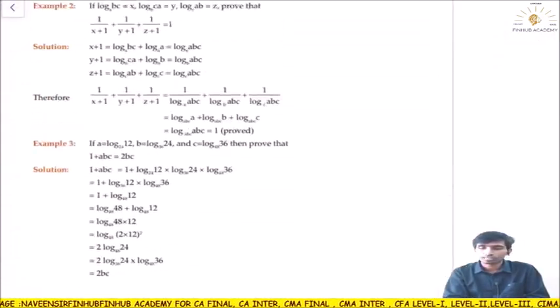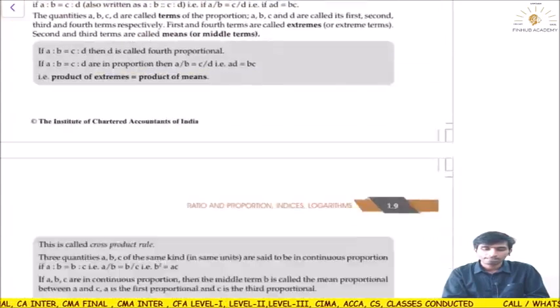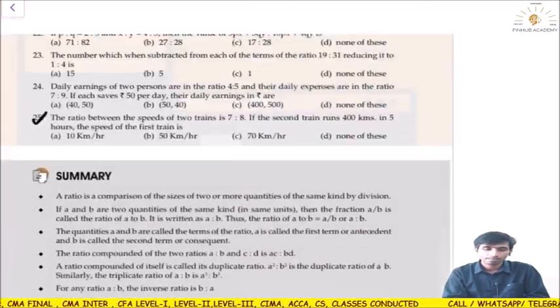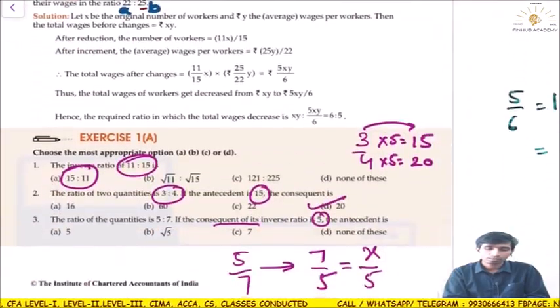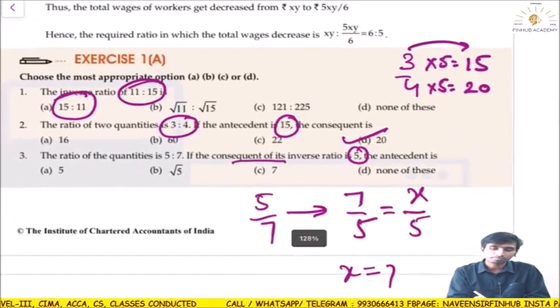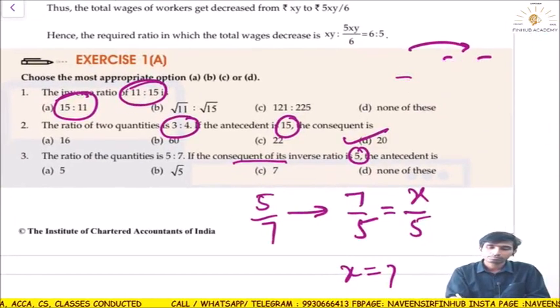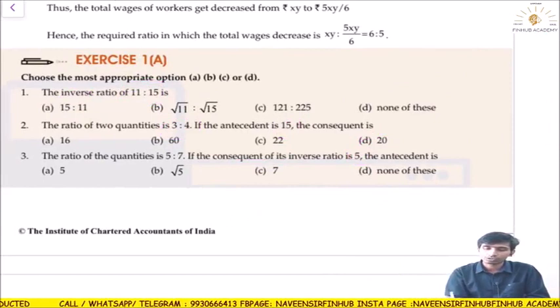Come to the ratios part in your book. Come to the page number, I think 1.5. Very easy chapter. You can easily manage.